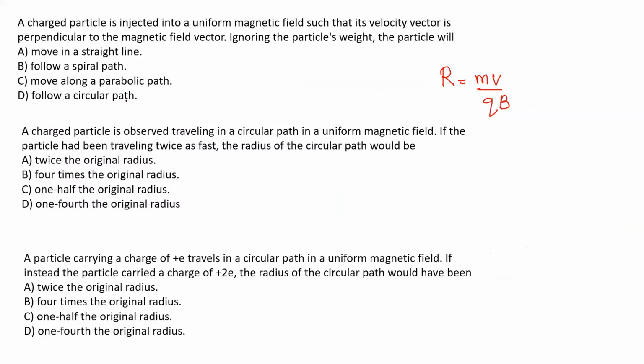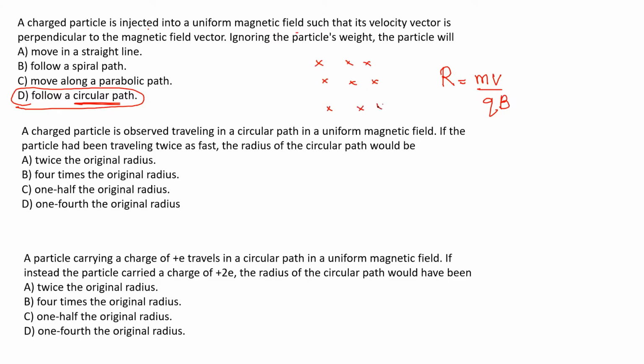So can you tell me the answers for the first one quickly? It is a circular path. Now that you know what is happening, you know the path. A charged particle is injected into a magnetic field, so it is something like this, right?